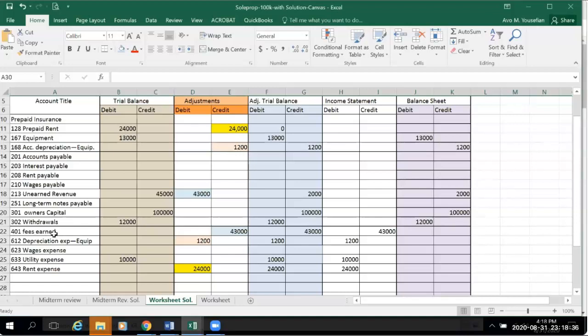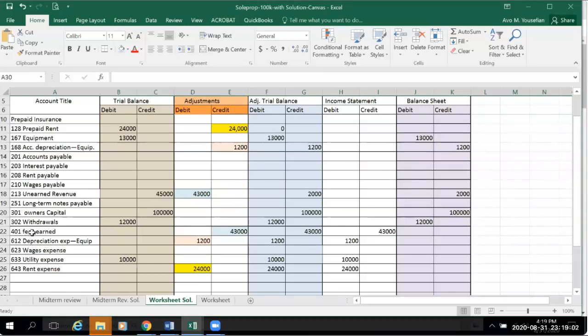Why did I write fees earned? Because I want you to understand revenue or fees earned, same thing. Sales revenue, same thing. Commission revenue, same thing. Contract revenue, same thing. Bookkeeping revenue, same thing. 401.